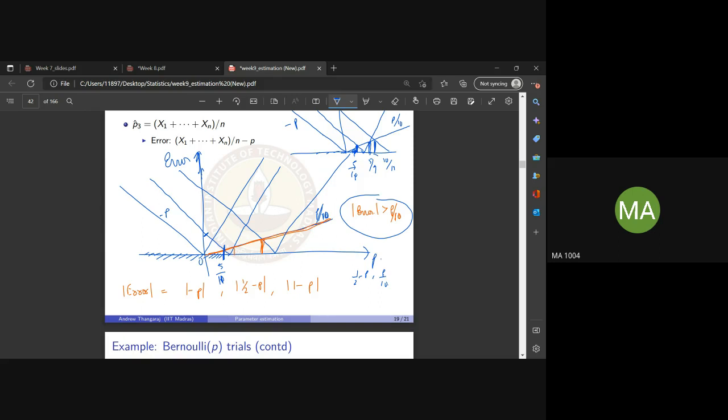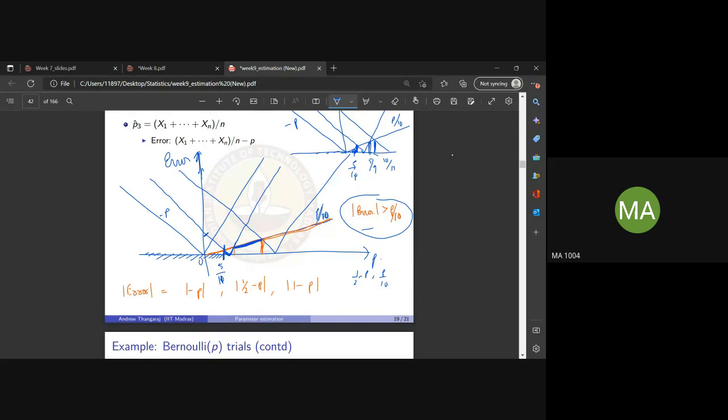Okay, then you see that in this region, the error is not greater, it is less than p by 10. So in what case is the error greater than p by 10? Now you look over here, in between this region. And what is this region?